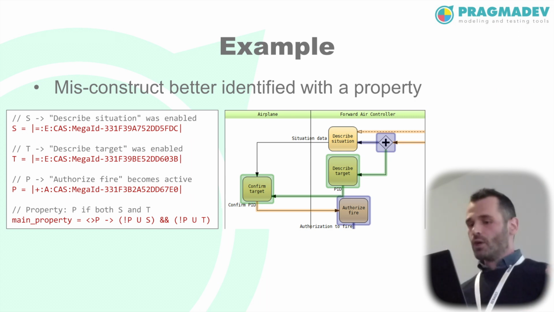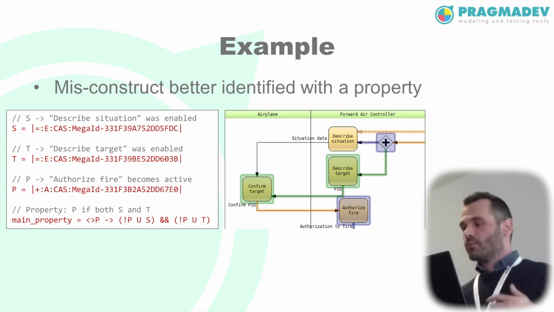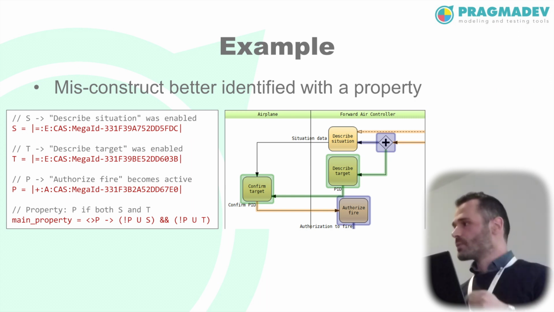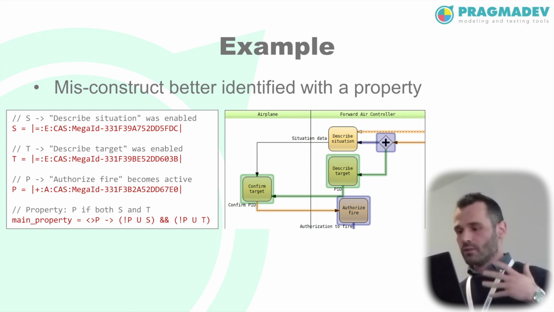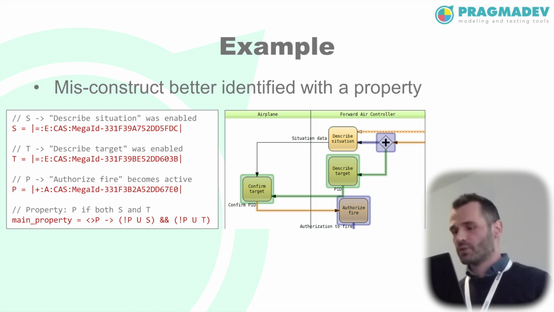Here is a property described in GPSL that may identify the same problem. If we launch the exploration and property verification function of the tool, OBP will say that the property is violated, and then we can replay the actual scenario that led to this property violation.